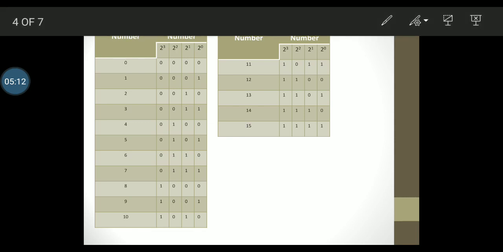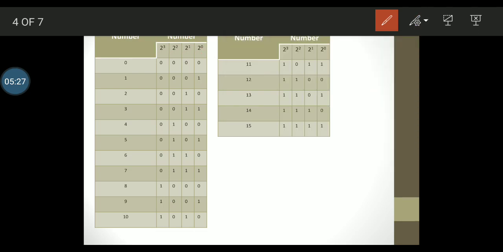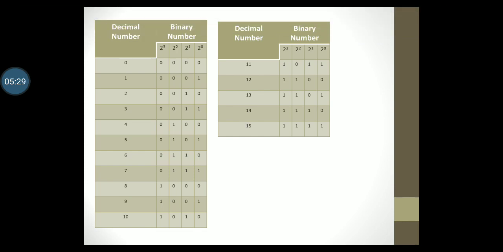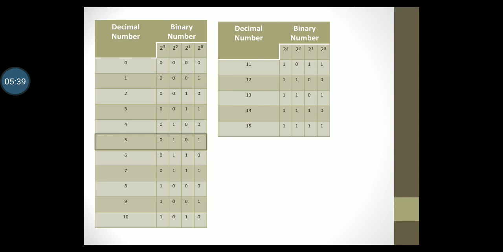So for a 4-bit representation, we record only 4 columns: 2 raised to 0, 2 raised to 1, 2 raised to 2 and 2 raised to 3. For example, I may ask you the 4-bit representation for 5 and you should immediately be able to tell me that the binary representation of 5 is 0101.